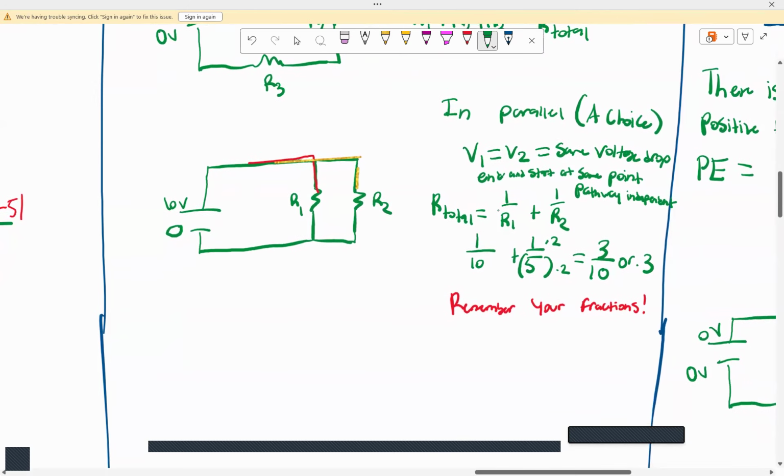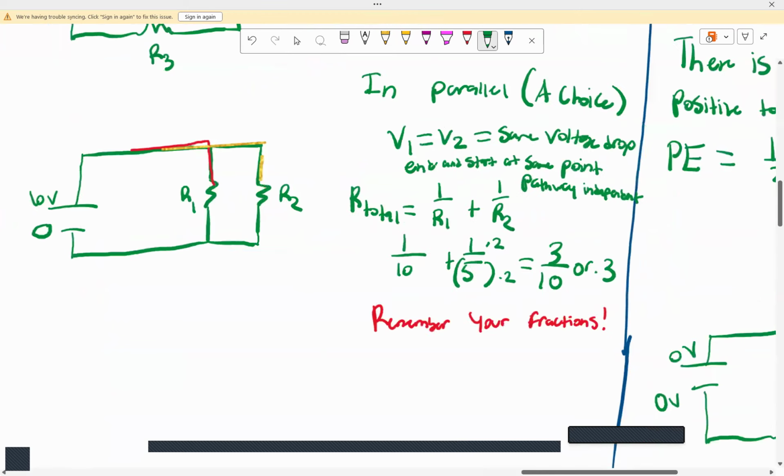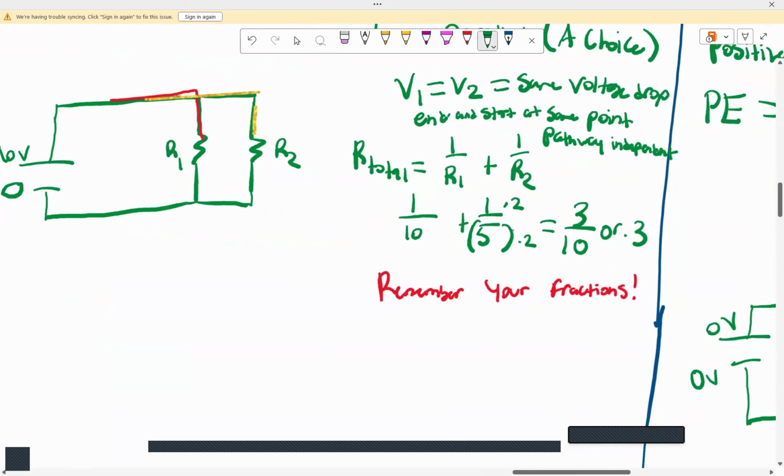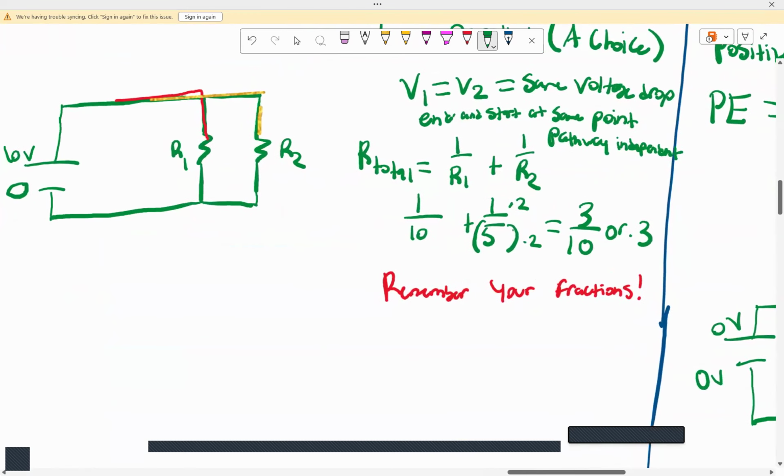Therefore, the total resistance between these two resistors is equal to 1 over R1 plus 1 over R2. Because it's in parallel, I wanted to provide an example. Let's say this resistor R1 is 10, hence the 10 here, and this resistor R2 is 5.